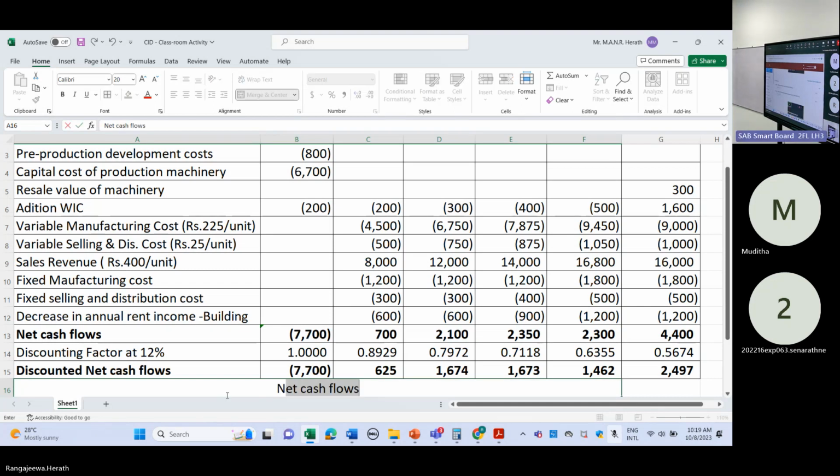Then finally, you can have the net present value, NPV.